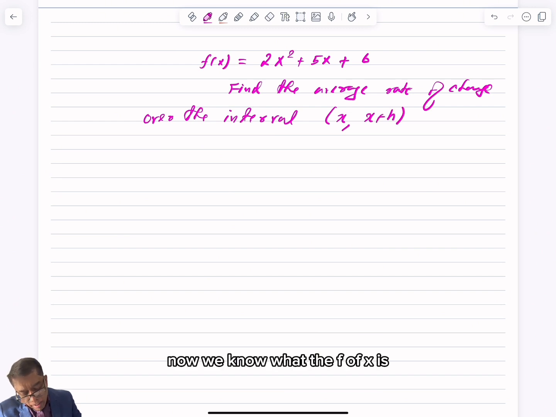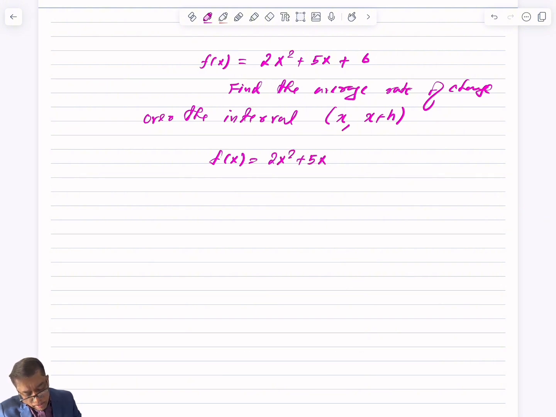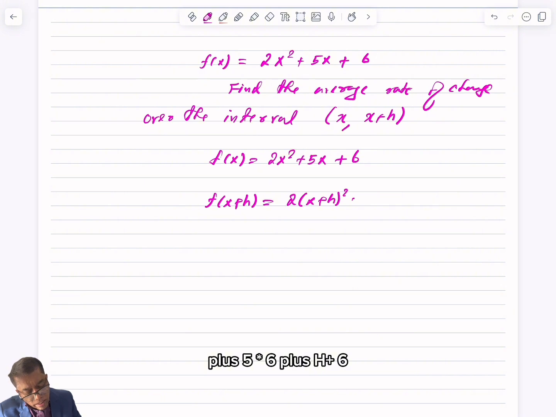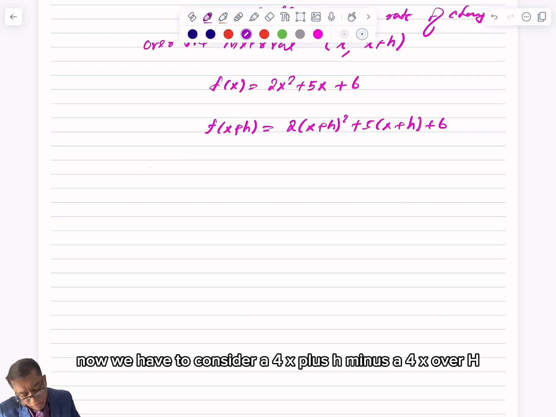Now we know what f of x is. F of x is equal to 2x square plus 5x plus 6. Then f of x plus h is equal to 2 times x plus h square plus 5 times x plus h plus 6. Now we have to consider f of x plus h minus f of x over h.